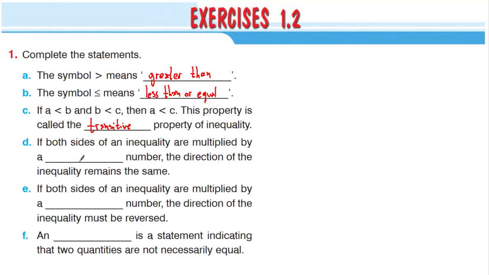Well, that number must be a positive number. If both sides of an inequality are multiplied by a number, the direction of the inequality must be reversed. Well, it must be a negative.